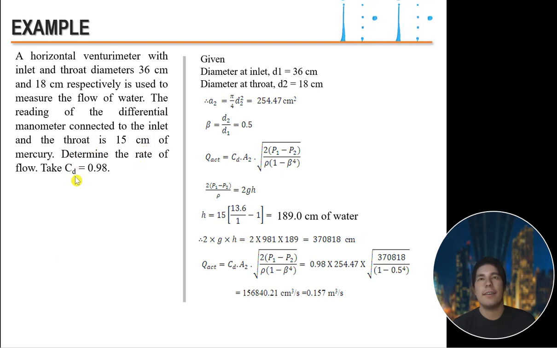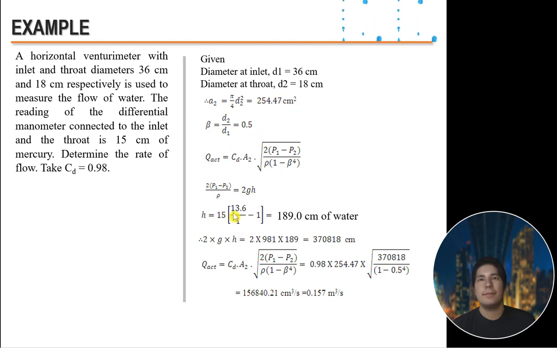Determine the rate of flow. Take CD equal to 0.98. So these are our givens. Given the diameters of the inlet and the throat, 36 cm and 18 cm, we get area 2, which is 254.47 square cm. We can also get the ratio of the two diameters, which is 0.5.